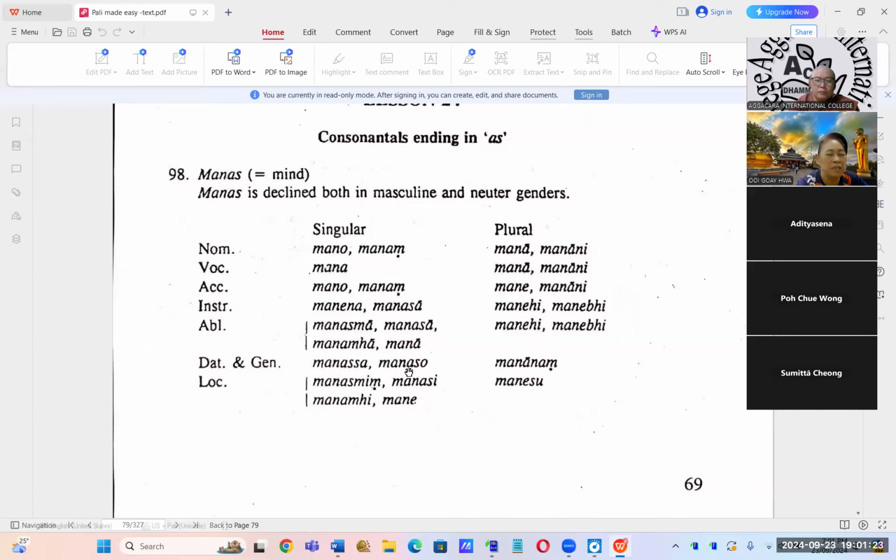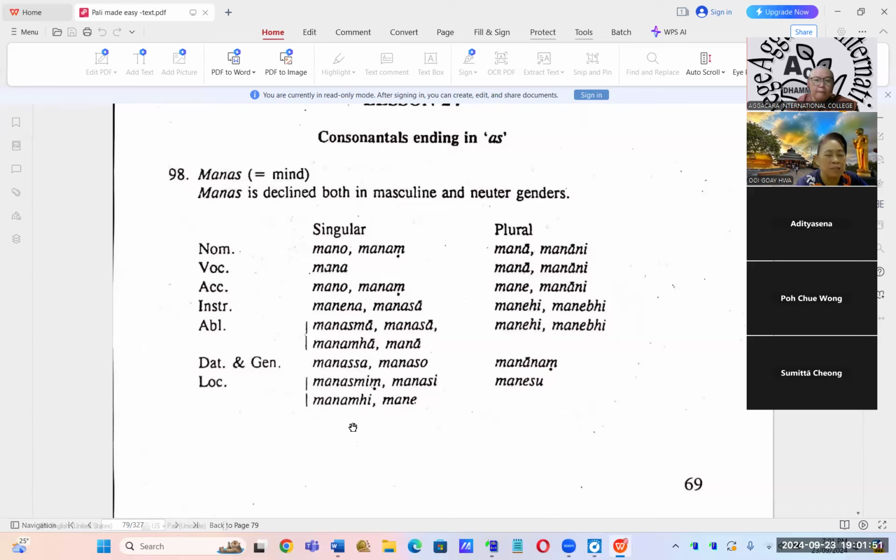Dative singular: tamaso, special form, tamasa. Plural: tamanam. Genitive: tamaso, special form, tamasa. Plural: tamanam.